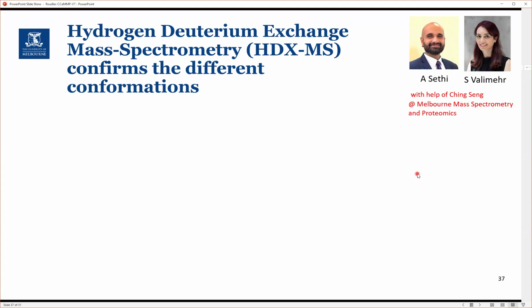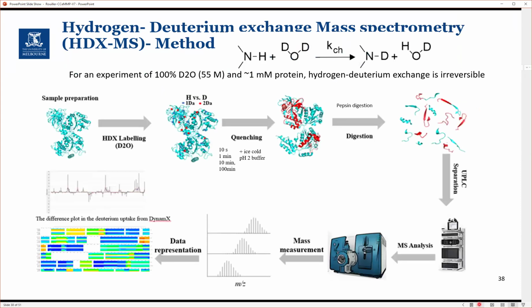So to confirm this, we use hydrogen exchange mass spectrometry to look for these different conformations. In hydrogen deuterium exchange mass spectrometry, the principle is that residues at the surface of a protein will exchange deuterium a lot faster than embedded residues.